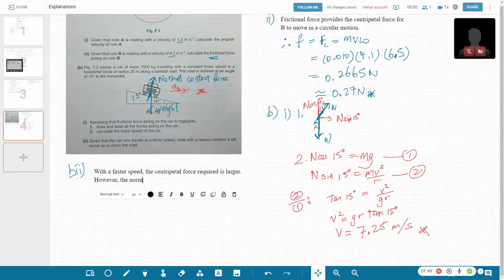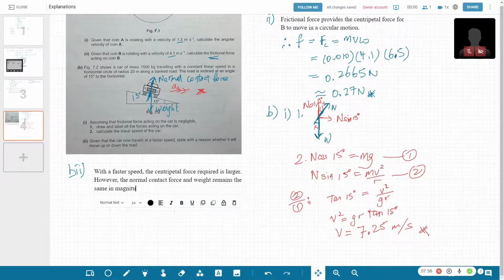However, the normal contact force and weight remain the same in magnitude. Required doesn't mean the magnitude will change. The magnitude will still be the same. It remains the same in magnitude.